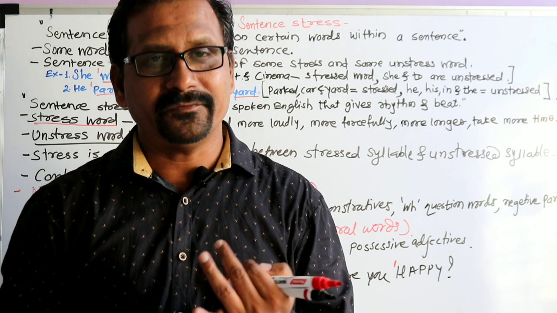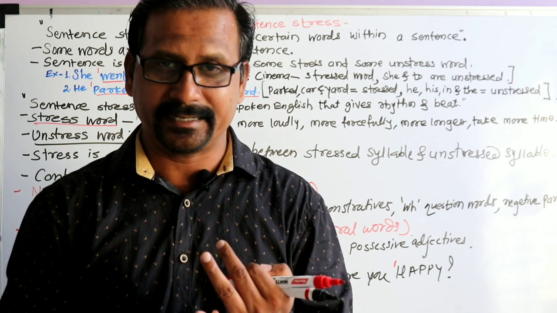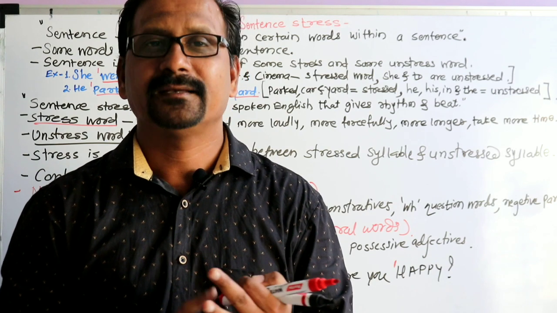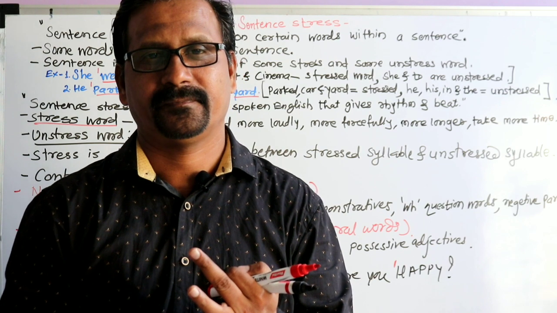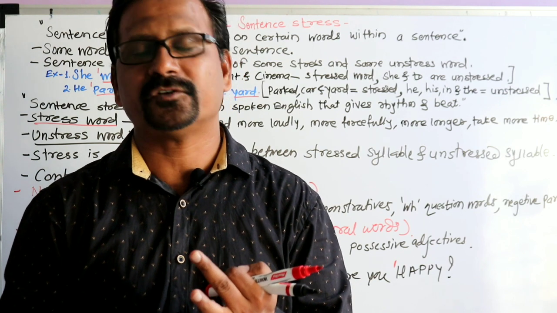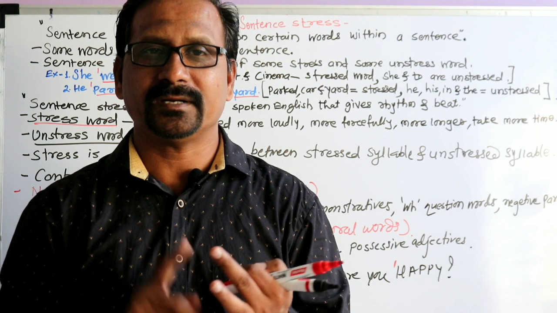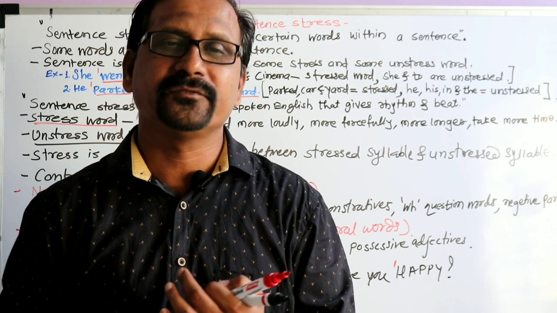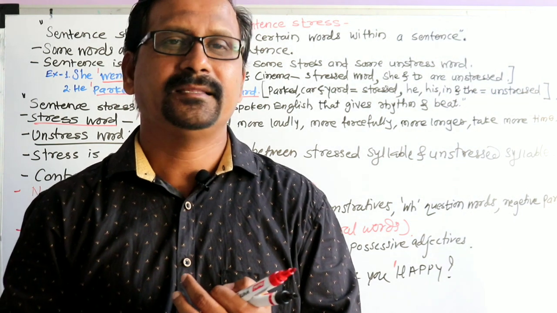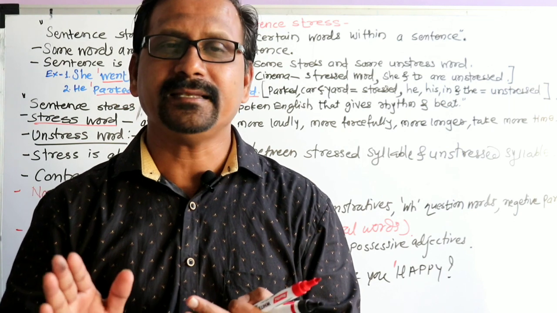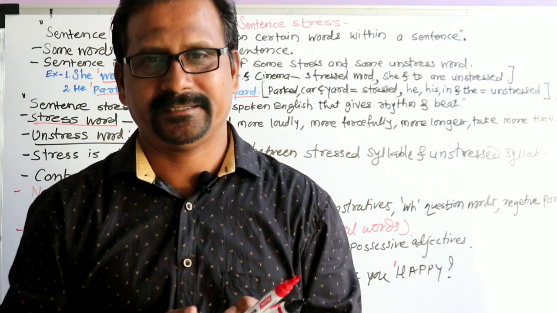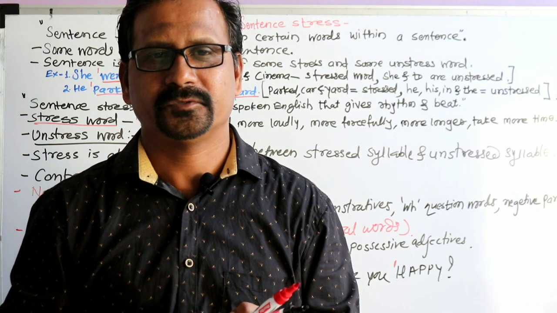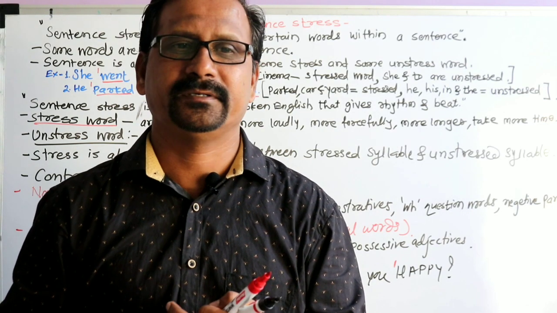Traced words always have a forceful, louder voice. It takes more time to pronounce them. But untraced words, which have another name, weak words, are spoken very fast and without any trace on them. So these are called untraced words or weak words.